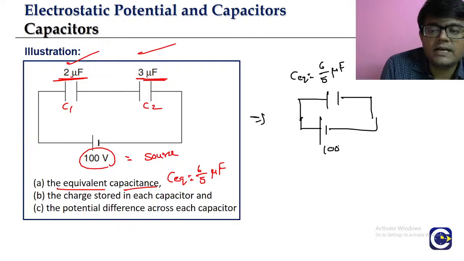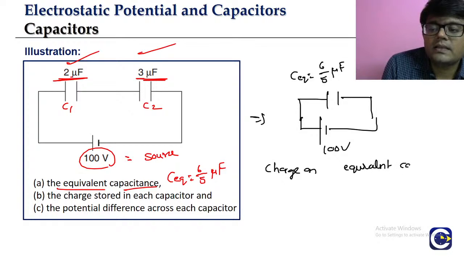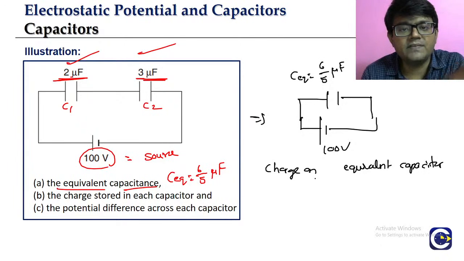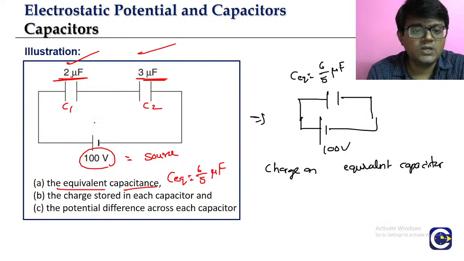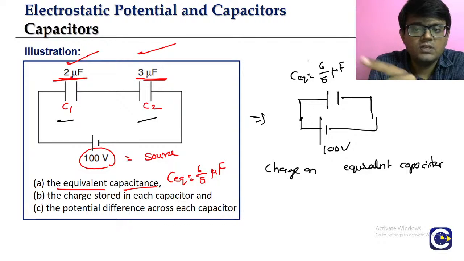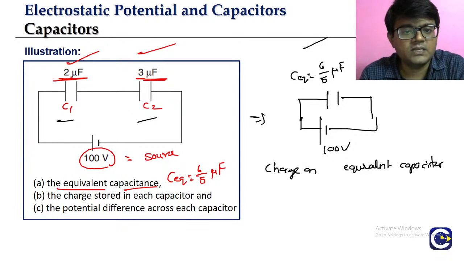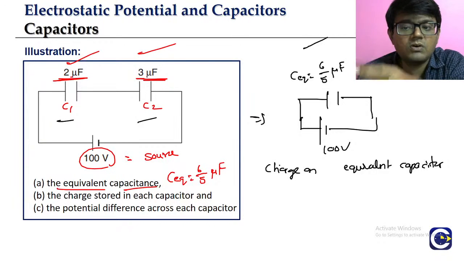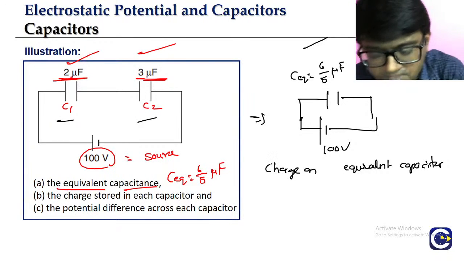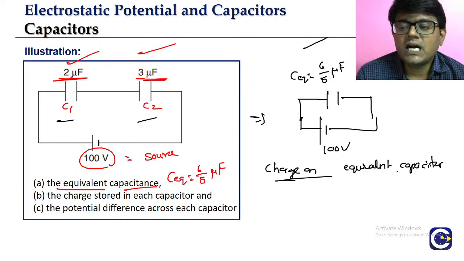Voltage source how much? 100 volt. The charge on equivalent capacitor. In a series combination, we replace the given capacitors by using the equivalent capacitor. So what is the relation between the original capacitors and the equivalent capacitor? The charge on these original capacitors will be equal to the charge on the equivalent capacitor. So we will try to find charge on the equivalent capacitor.